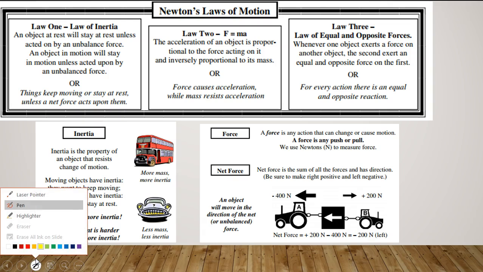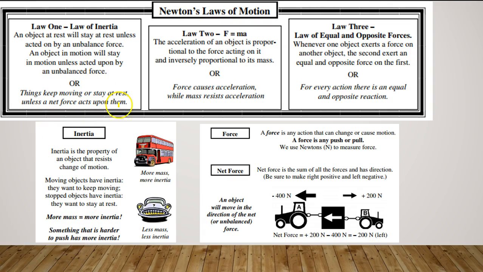The highlighter. Here we go. So the first law you need to focus on: an object at rest is going to stay at rest. So here it is, will stay at rest. Highlight this, excuse my highlighting. We need to focus on unbalanced forces.